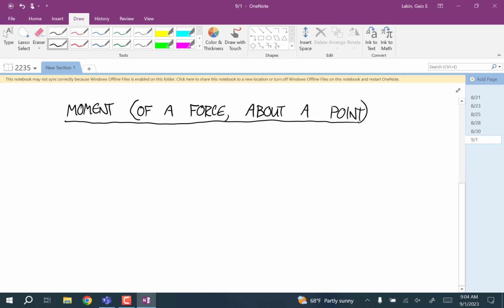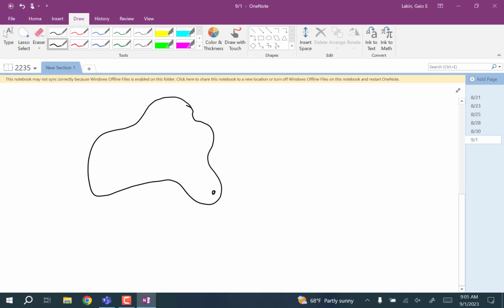Okay, so if you have an object, that's your random object. And you have a force applied at, so this point is P, okay?